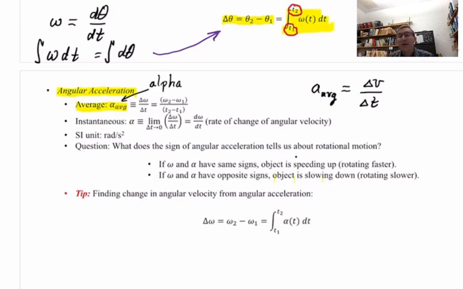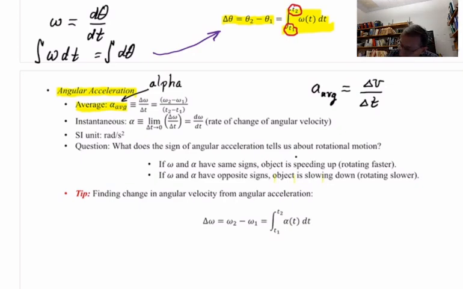And I'm sorry about the fonts that all the books use, because that alpha sure looks a heck of a lot like an A. And all I can say is, please try to put in your head, it's not an A. That will cause nothing but trouble, confusion in your mind. It's not A. It's not linear acceleration in meters per second squared. It is not that. That's a symbol alpha.